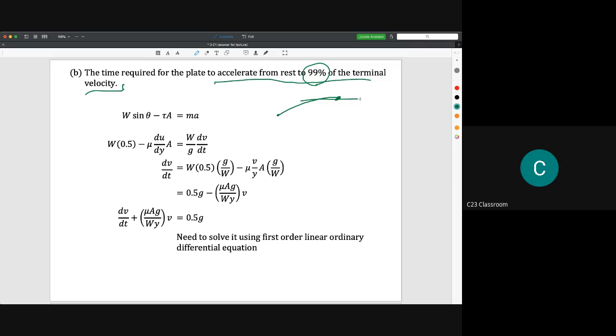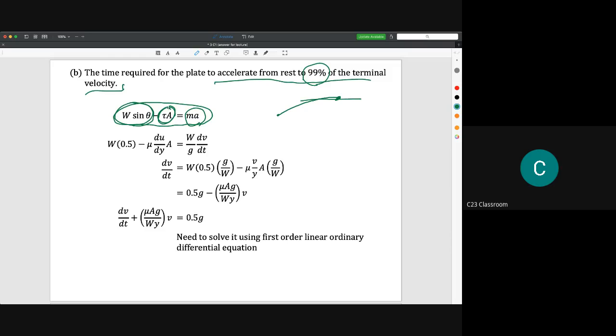The equation now is, we assume that at 99% of terminal velocity, the total force is equal to the second law of Newton. So F equals ma. We could assume that the weight W sine theta minus tau A is equal to the total force, so it is equal to ma.